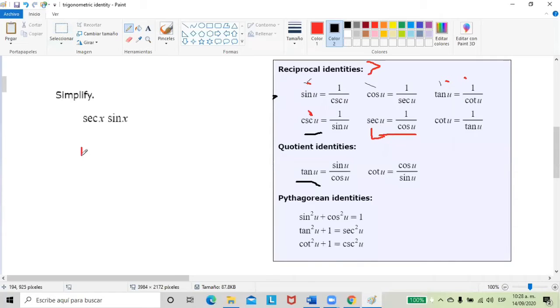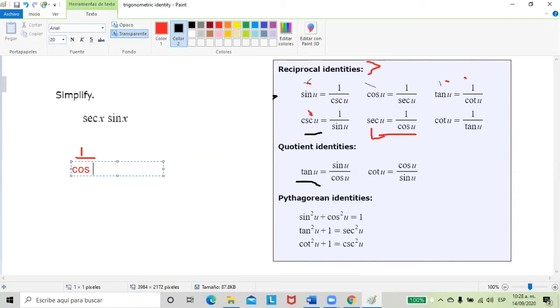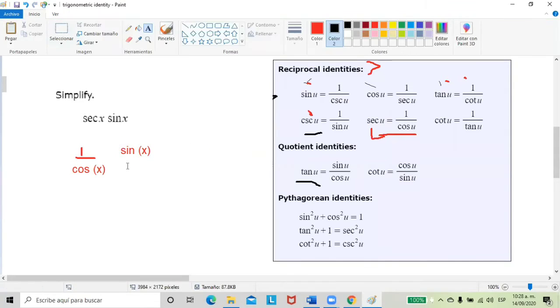So we write 1 over cosine, and here we write the same, sine of x. So this is equal to sine of x over cosine of x.